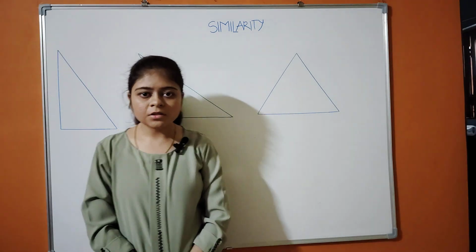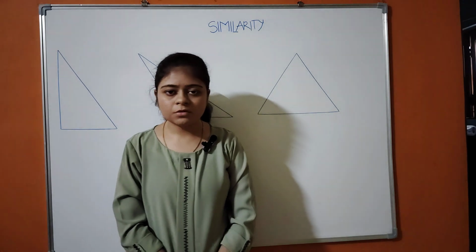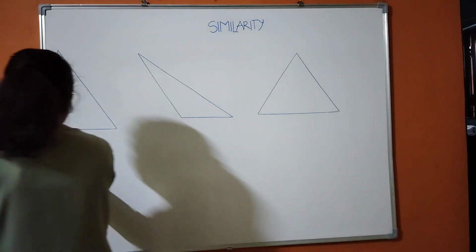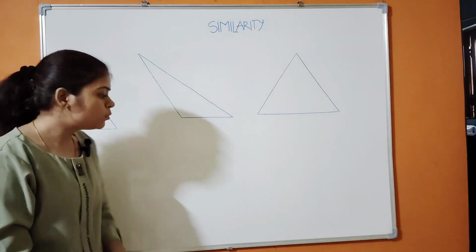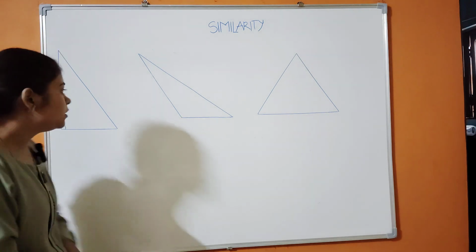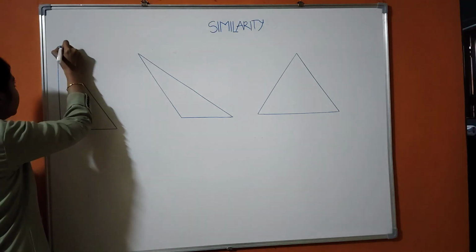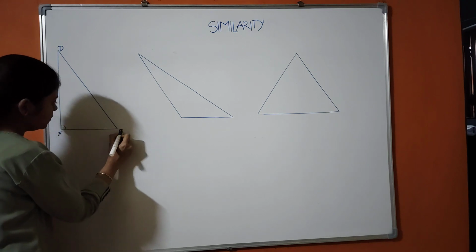Can you identify these triangles? I think so, as 10th graders. First one is the right angle triangle. When I say the word right angle triangle, we need to put this symbol. We can't just assume it as a right angle triangle. Name it as triangle DEF.